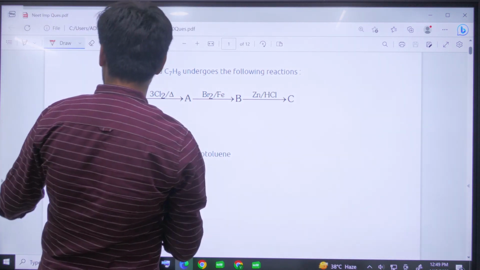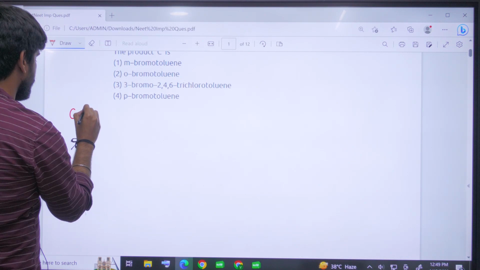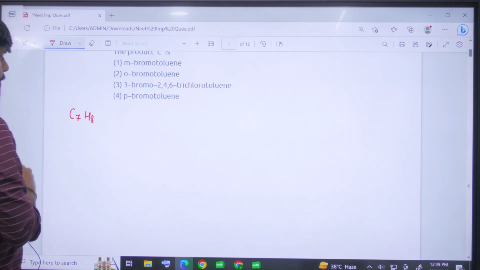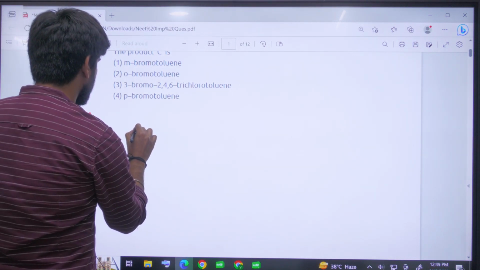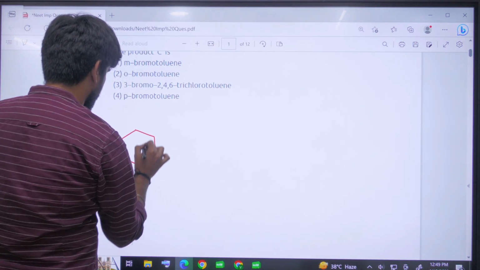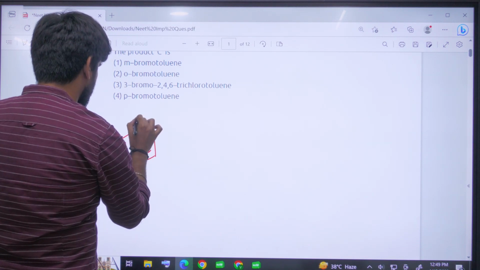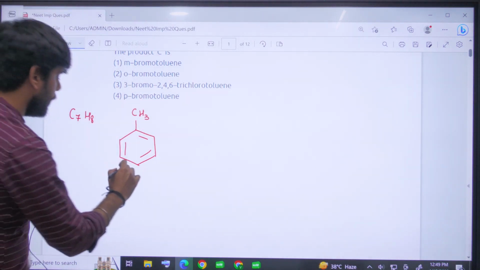So C7H8 is basically, when the carbon is more than 6, always look for a benzene ring. This is your C6H5CH3, C7H8. So this is your toluene.